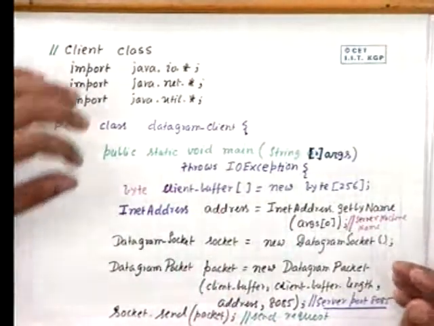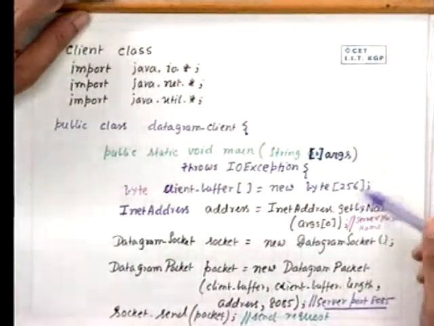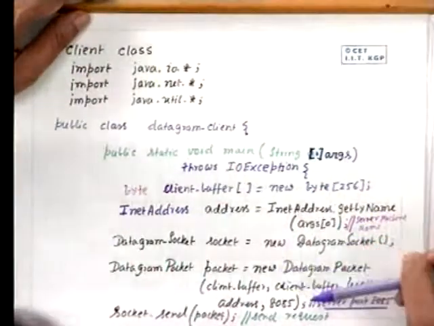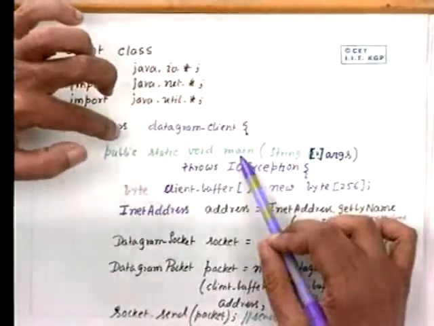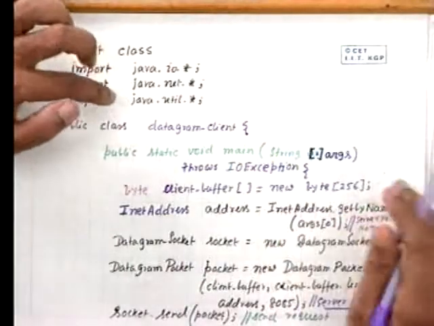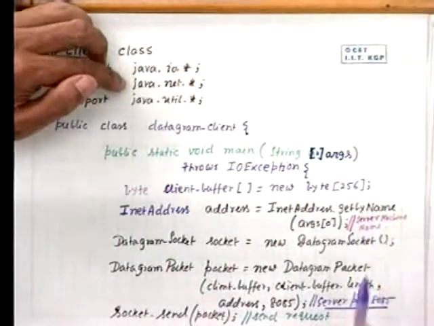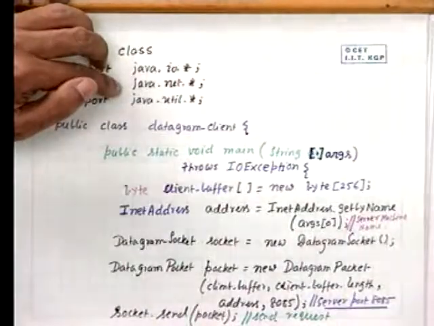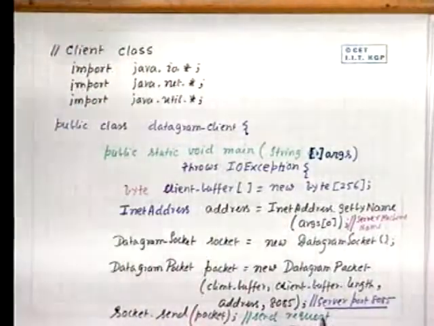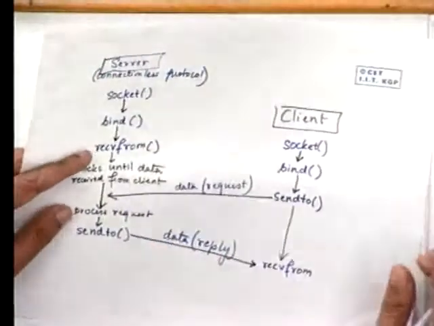So this client will send this packet to this address, where the address is the actual address of the machine, or the machine name provided as the command line argument of the main function, and it sends it to this port with socket.send(packet). So the client now sends the request to the server.